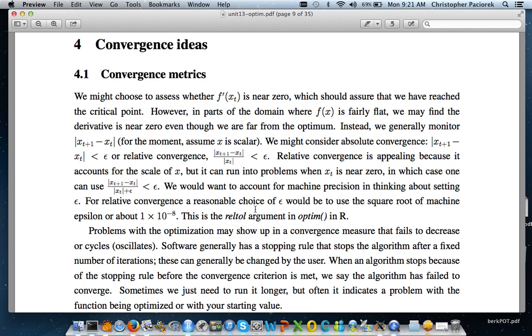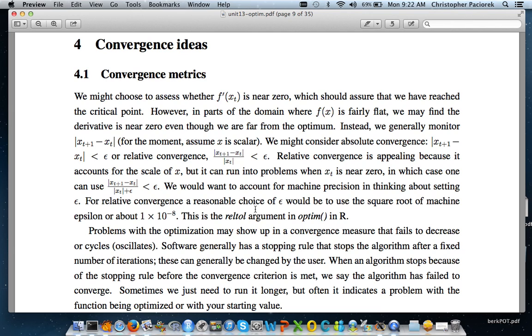In terms of how you might go about this, one possibility is we know we're trying to find a root of the derivative function. So we could monitor our estimate of f prime, and see if it's getting very, very close to 0. And when it gets sufficiently close to 0, we could call things off and say, I've basically found the minimum. The danger in that is, suppose my function didn't look like this.